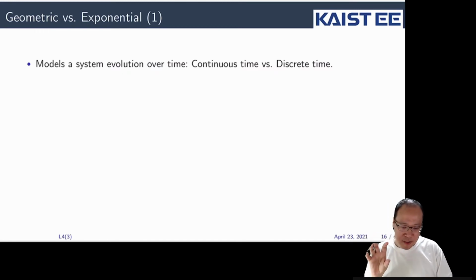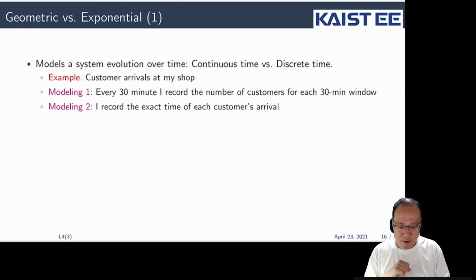We can model a system evolution over time in two ways. First, we consider time as a continuous thing, or sometimes time as a discrete thing. This is just a modeling issue. It's not about which is wrong or right. For example, suppose that I want to track the customer arrivals at my shop.